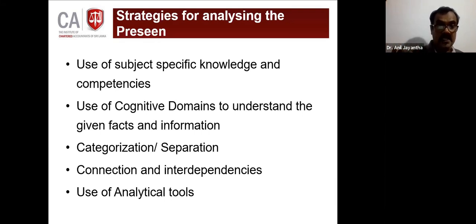Again, if I summarize it, use analytical tools and be prepared. But at the time of examination, none of these tools may be relevant. Just forget about it. Don't try to reproduce.